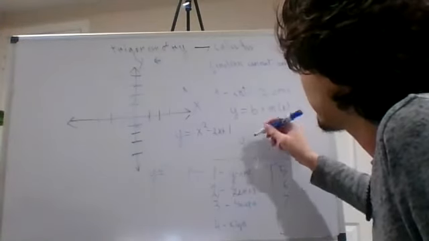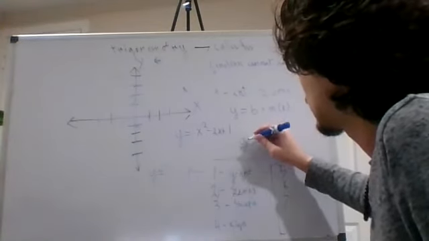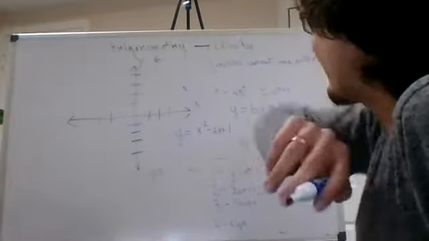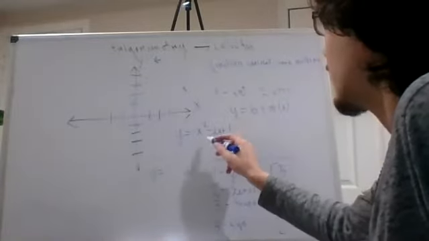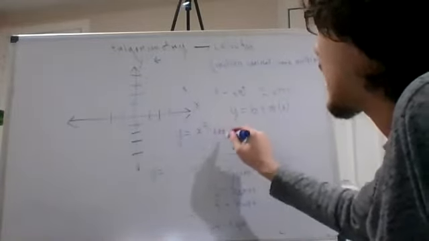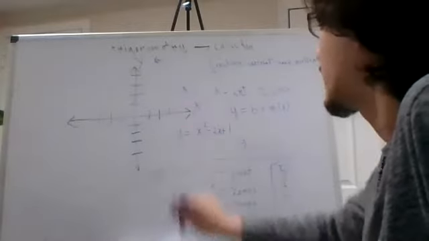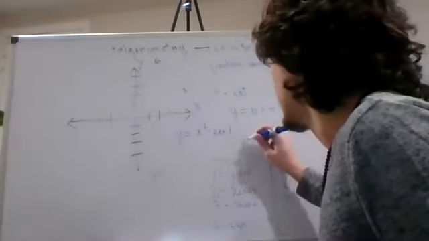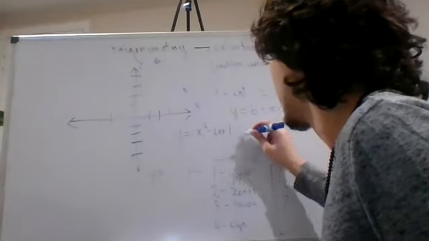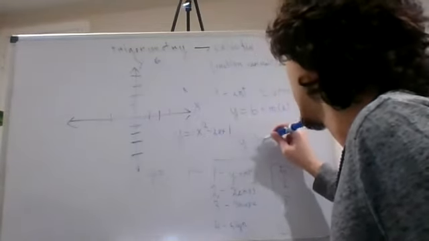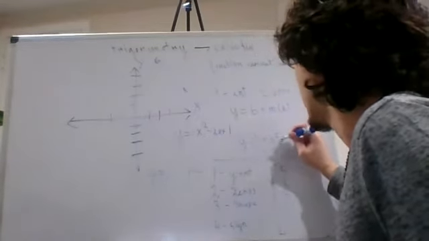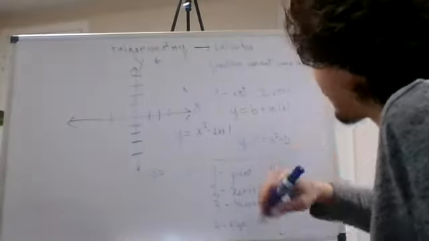Okay. So this means that the zeros will be the values that you plug into x so that y will be 0. So if we put our equation back, y minus 1 equals x squared minus 2x.